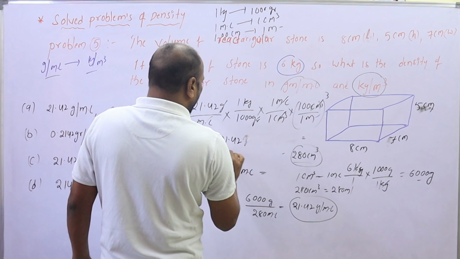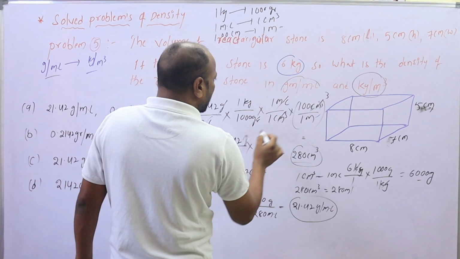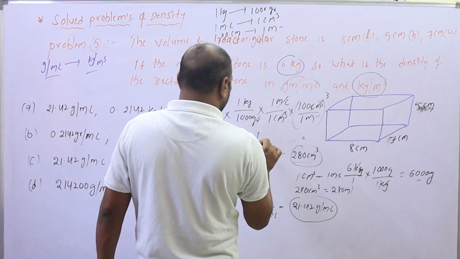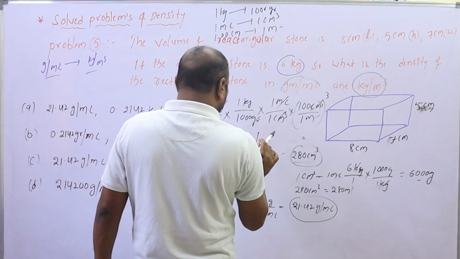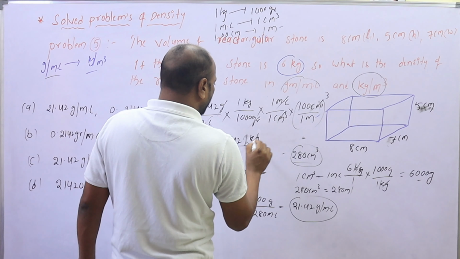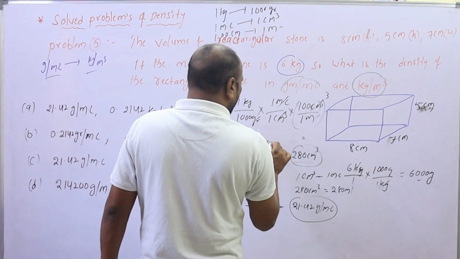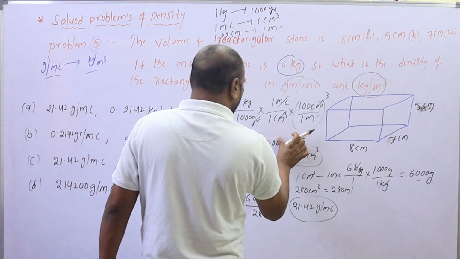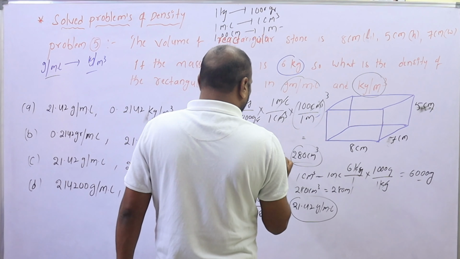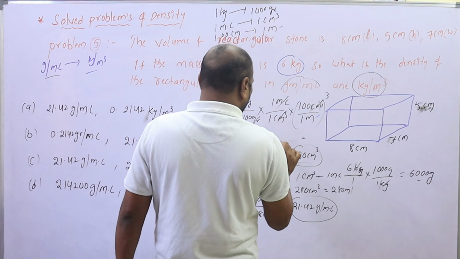It is 21.42 into 1 kg by 1000, and into 100 meter cube by 1 meter whole cube.